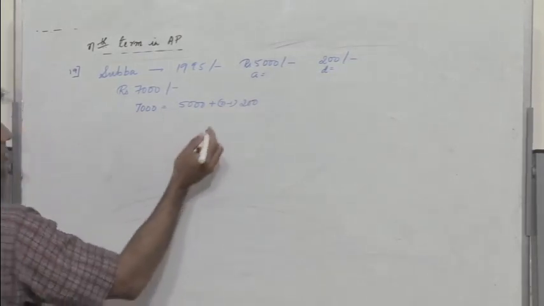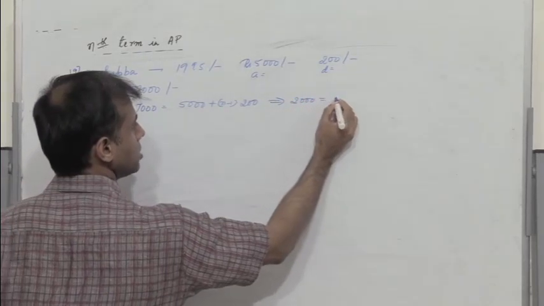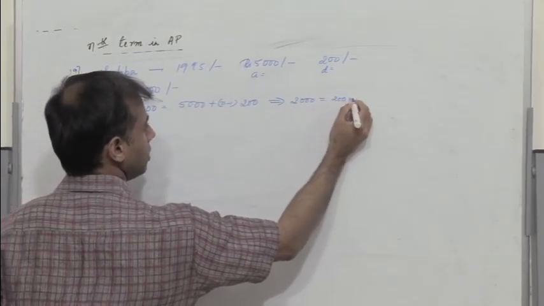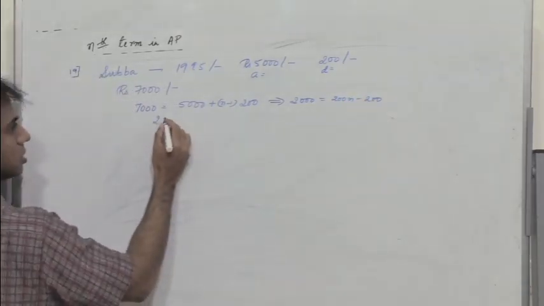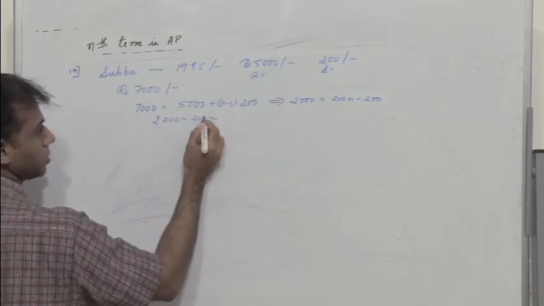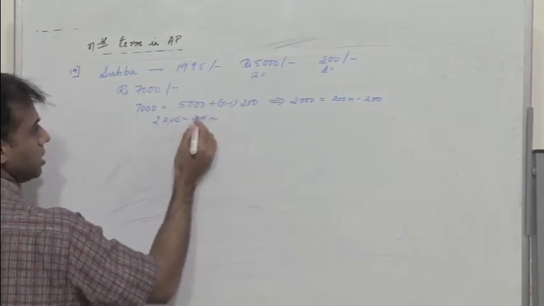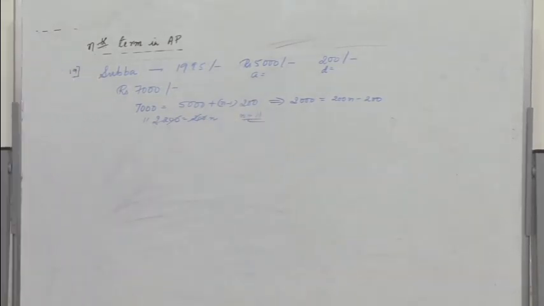So 7,000 minus 5,000 gives me 2,000 equals 200N minus 200. So we have 2,200 equals 200N, right? So cancelling the zeros, we get 11. So N equals 11. So in the 11th year, Subbarao would get an amount of rupees 7,000.